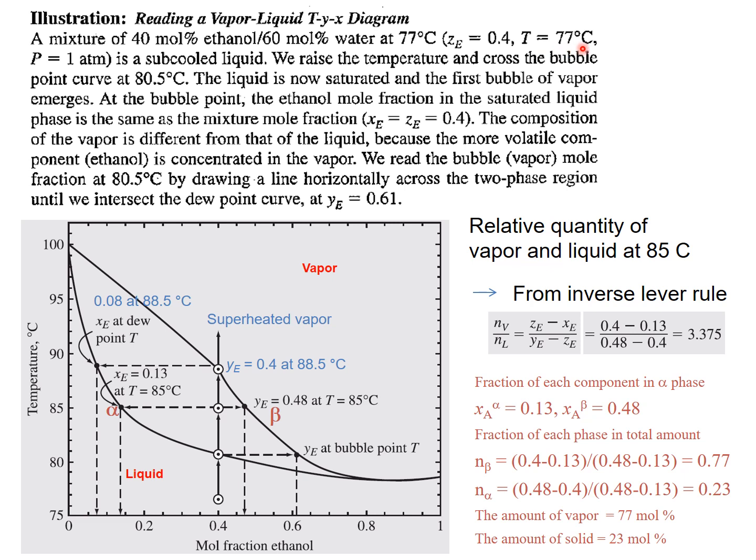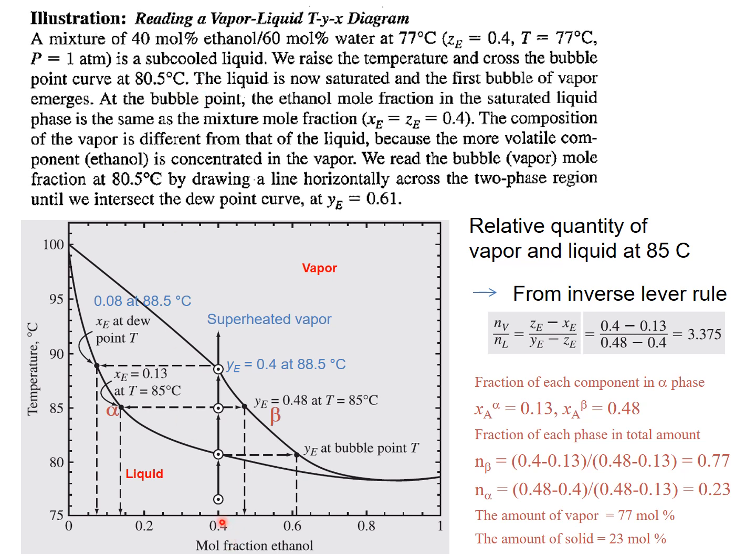Then let me find that point in this temperature, mole fraction diagram. 77 and 0.4 here. So this point is a subcooled liquid below the bubble point curve. We raise the temperature, and it means this point is going up and crosses the bubble point curve at 80.5.